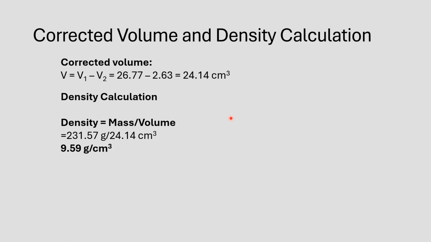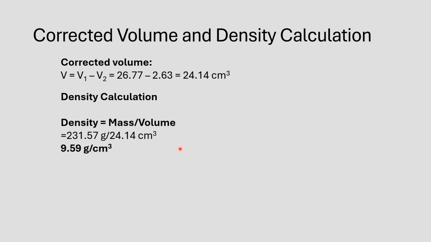This gives us a corrected volume. We took the total volume we measured, considering the bar as a perfectly rectangular solid, 26.77 cubic centimeters, and subtract off the 2.63. That gives us a revised volume of 24.14 cubic centimeters.